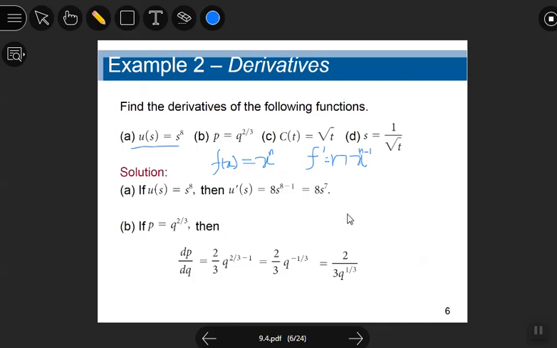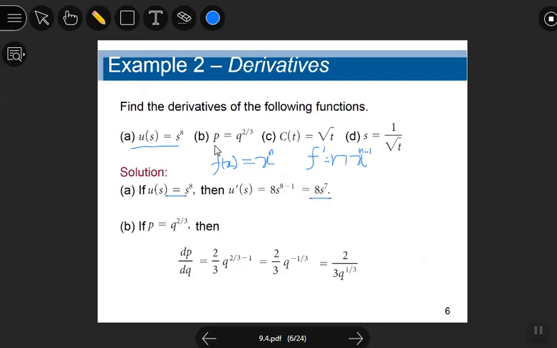First you need to understand what your n is here. Clearly it is 8. So now you can write it in this form: 8 times s to the power 8 minus 1, because it is n minus 1. So your final result is 8 times s to the power 7. This is the first derivative.